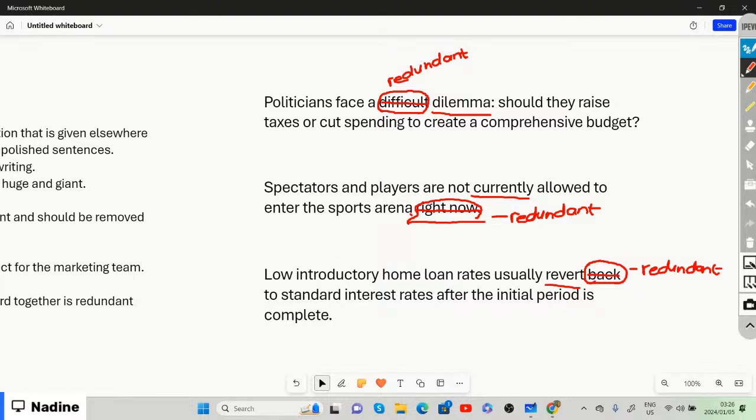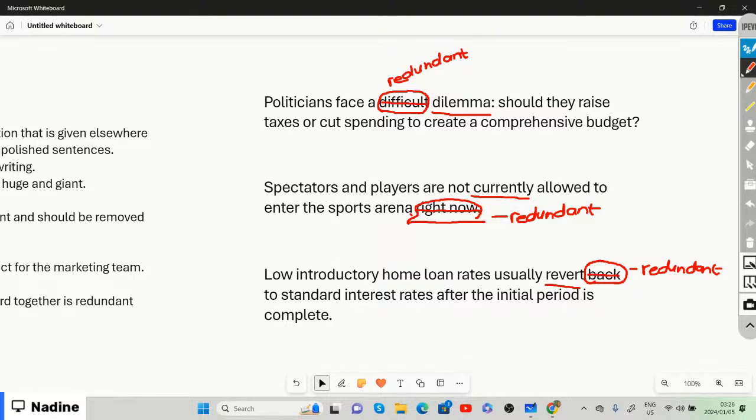So it's just a different word that is also placed within that sentence, but the meaning of those two words is the same. Like with "revert" and "back": revert is a synonym of back, or back is a synonym of revert. Same with "currently" and "right now."